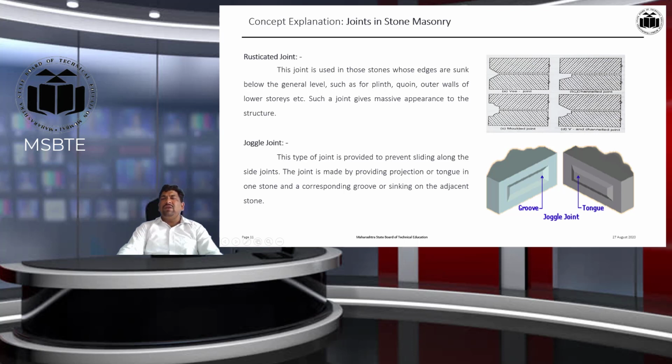In the rusticated joint you can observe the V joint, channel joint, molded joint, and V and channeled joint in combination.